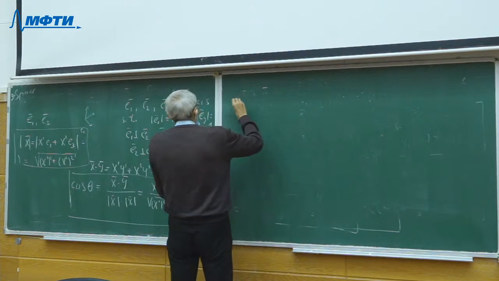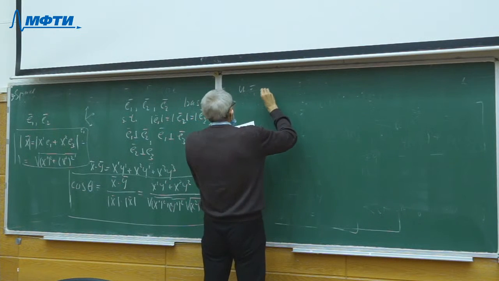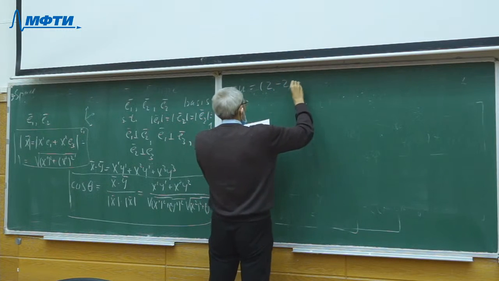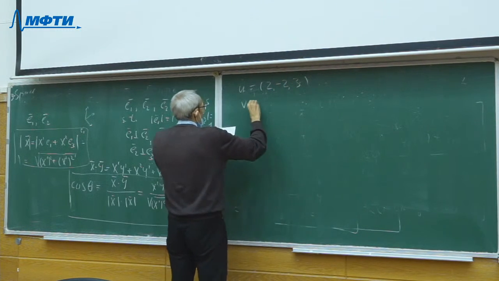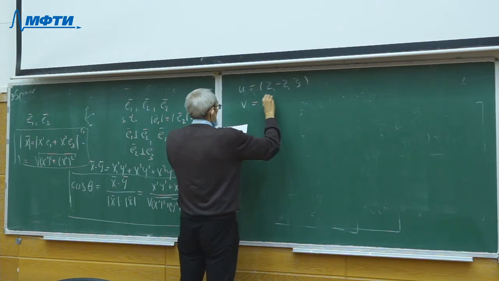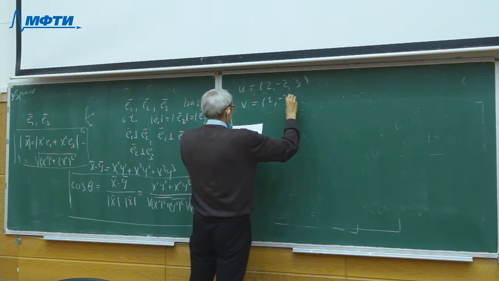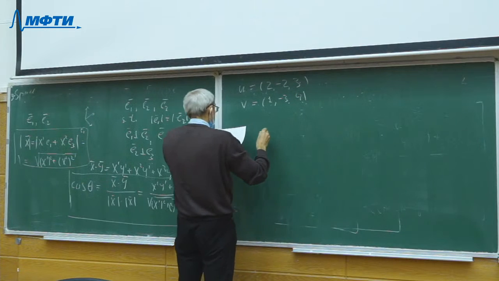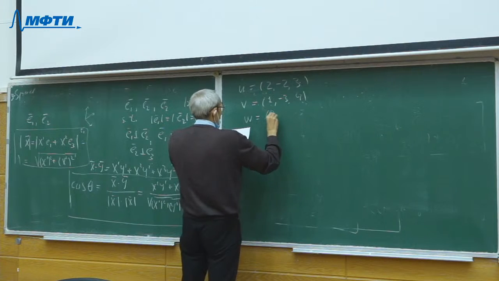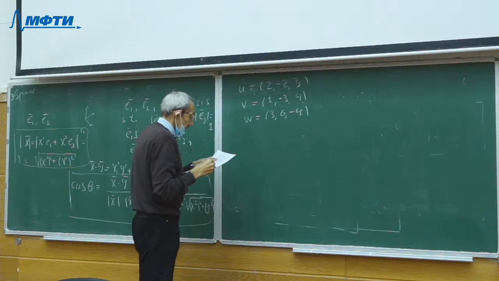Let u be the vector with coordinates 2, minus 2, 3, and v has coordinates 1, minus 3, 4, and w has coordinates 3, 6, minus 4.